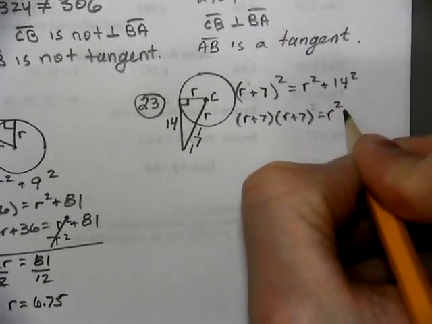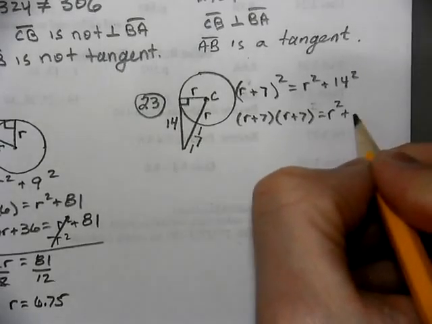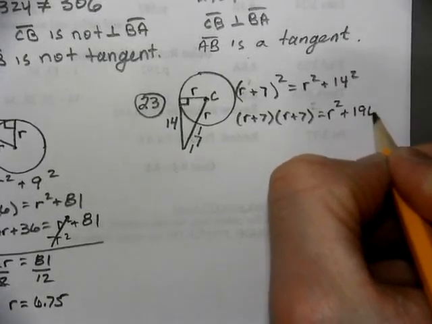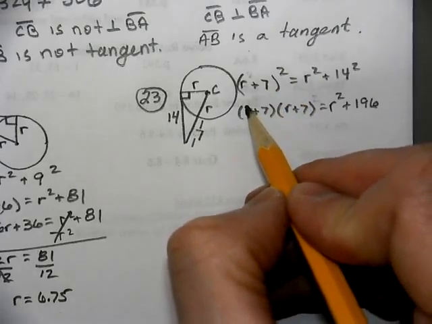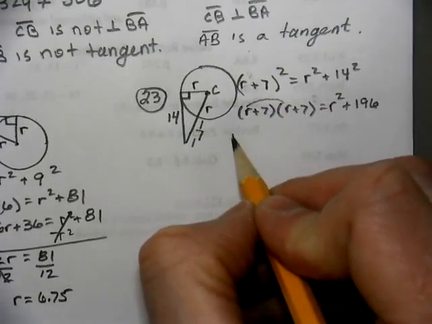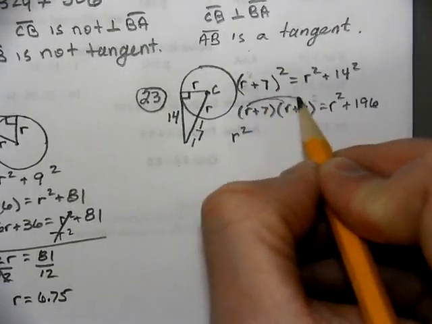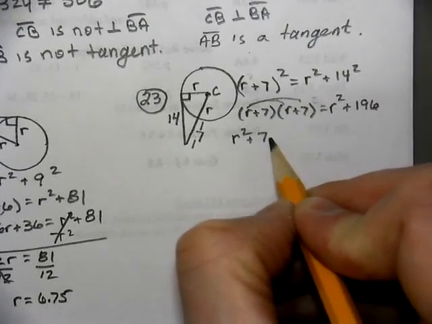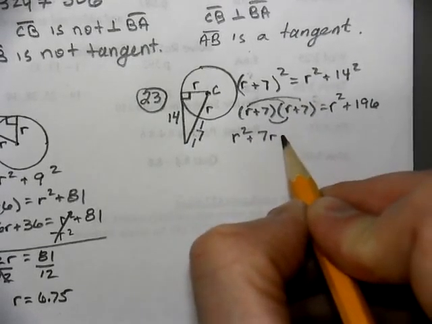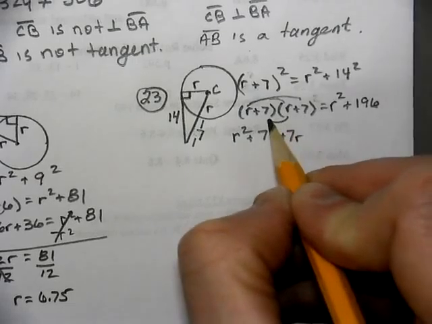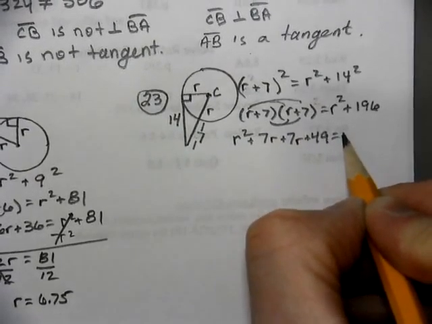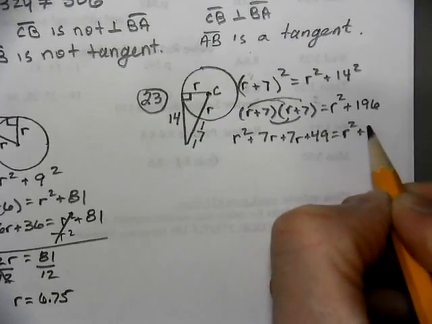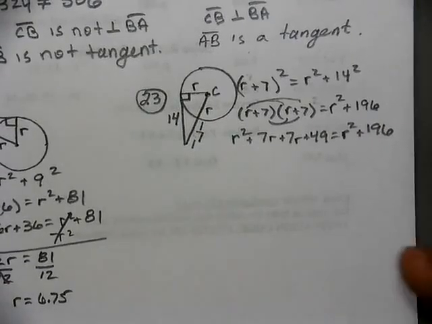R squared's out here. 14 squared is 196. So to multiply our binomials, we need to do the front, the outer, the inner, and the last. R squared plus 196.